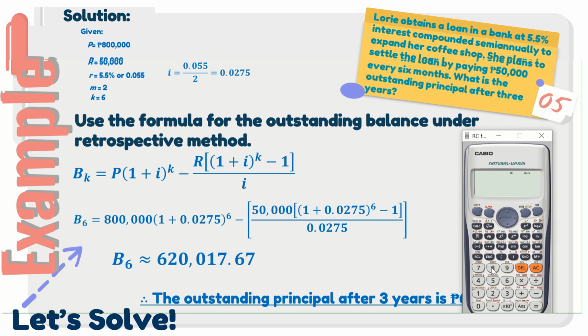First, we're going to press 800,000. Okay, then open parenthesis.